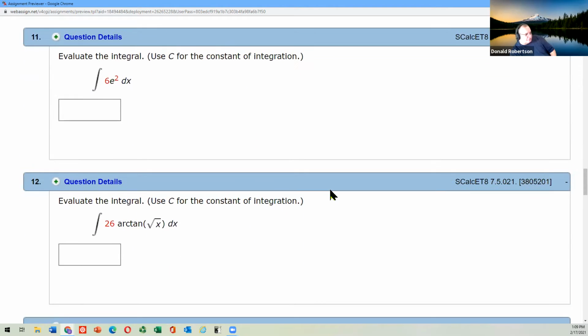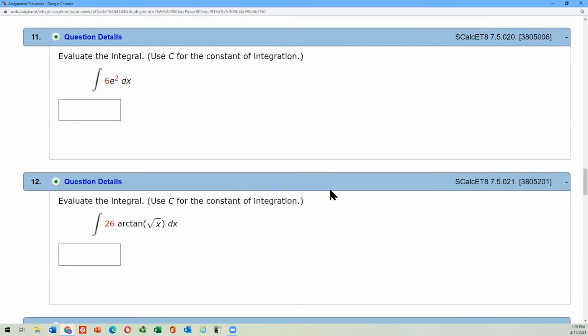11 is a trick question. I'll say it again. Question 11 is a trick question. What's the answer? If you integrate 6e squared, what would you get as your antiderivative?